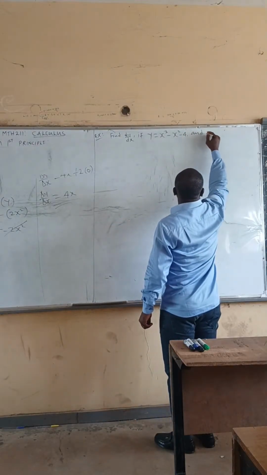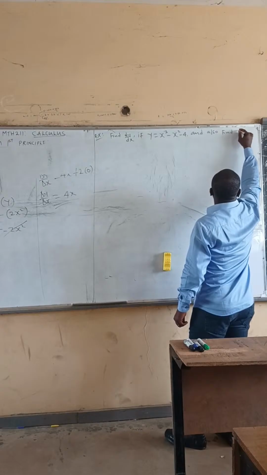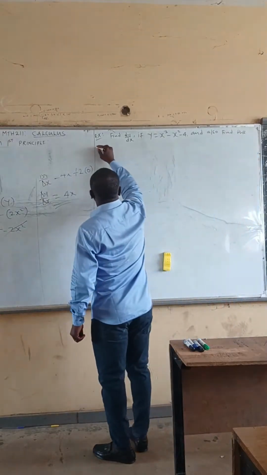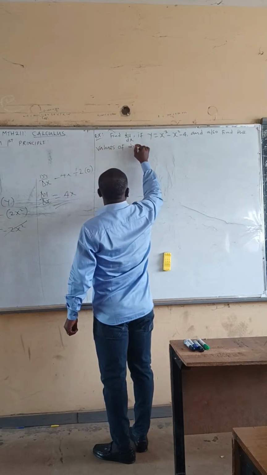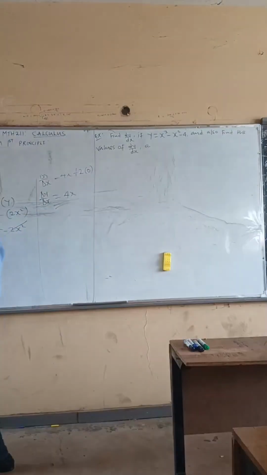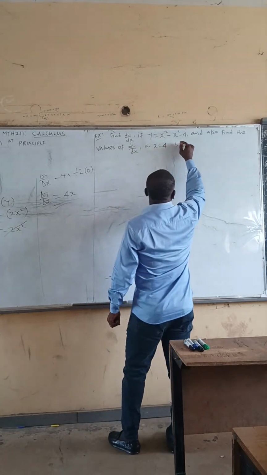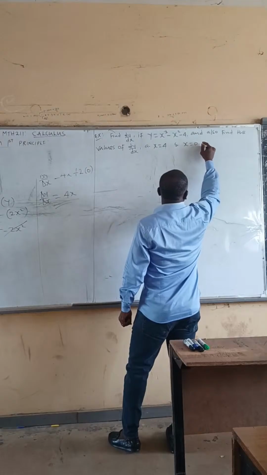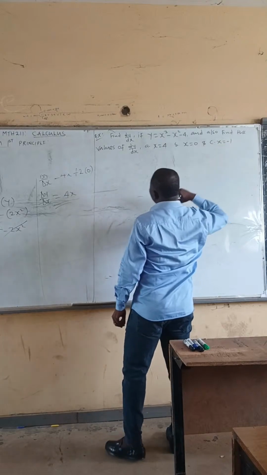And also find the values of dy all over dx at A, x equals 4; B, x equals 0; and C, x equals -1.